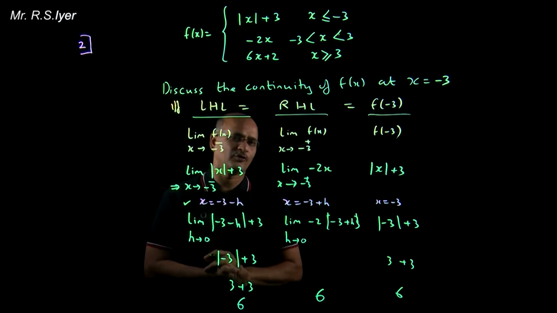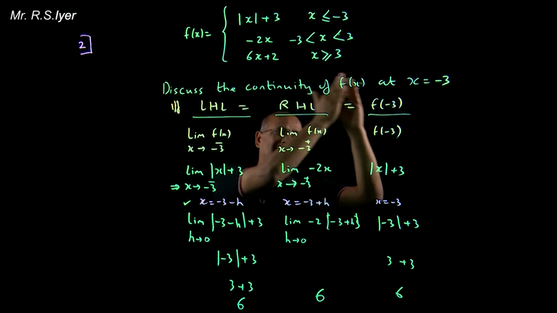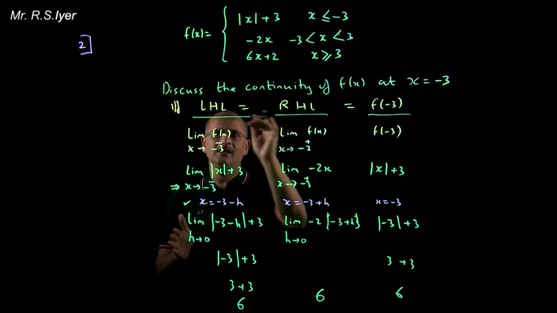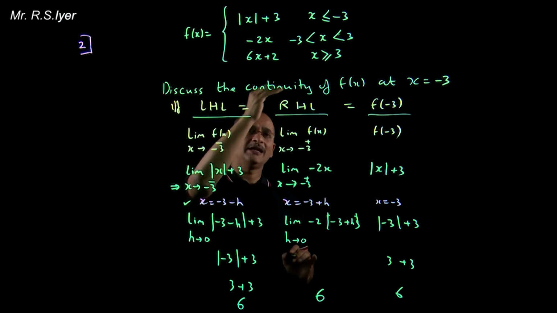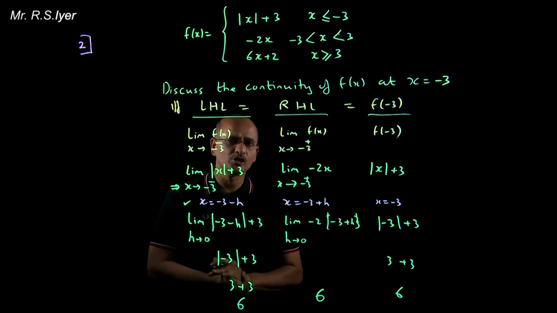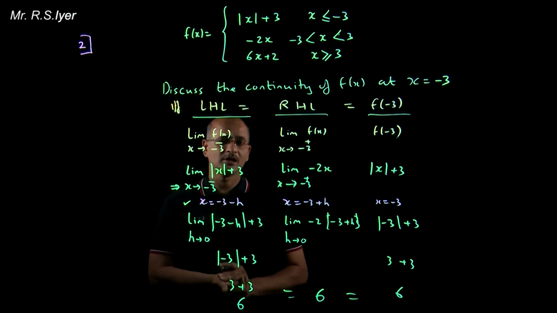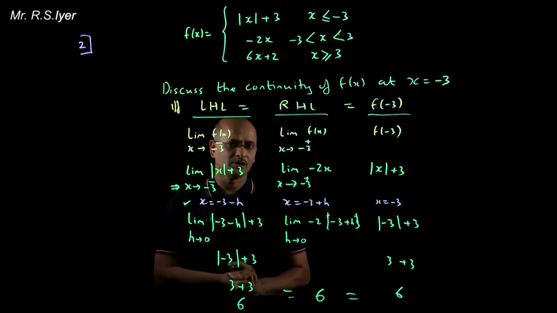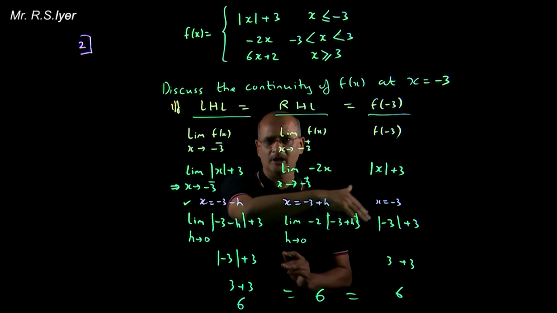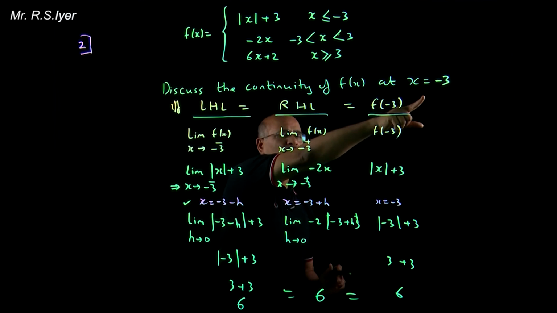So now what do you conclude from it? The limit exists because LHL equals RHL. 6, 6, 6, all three values are equal. So the left hand limit is equal to the right hand limit is equal to f of minus 3. What is the conclusion you can draw? The conclusion is, as LHL equals RHL equals f of minus 3, the function is continuous at x equals minus 3.